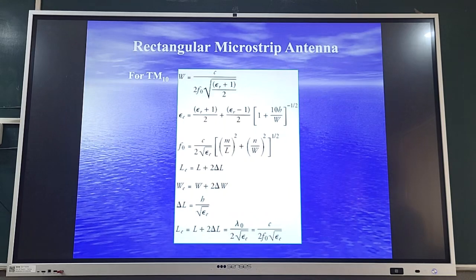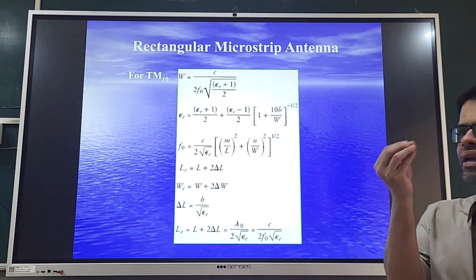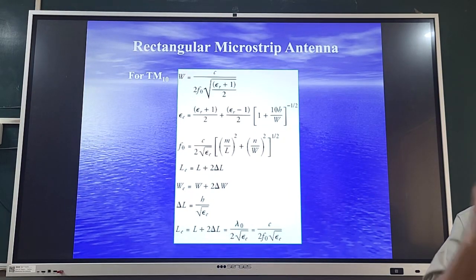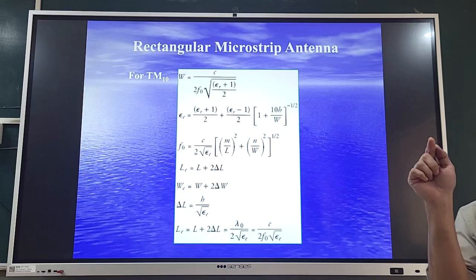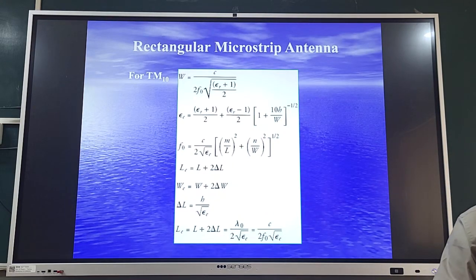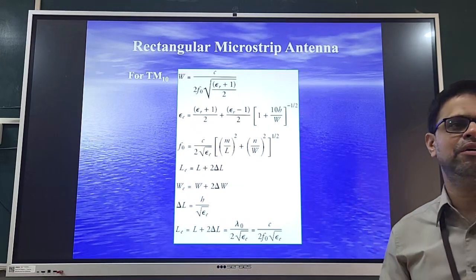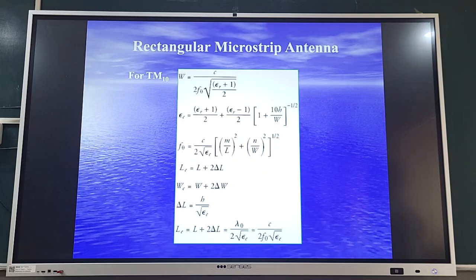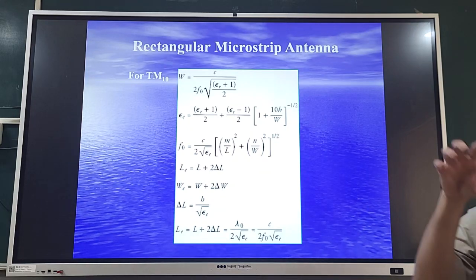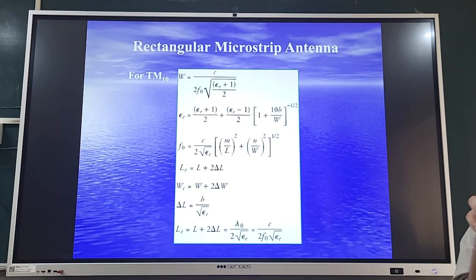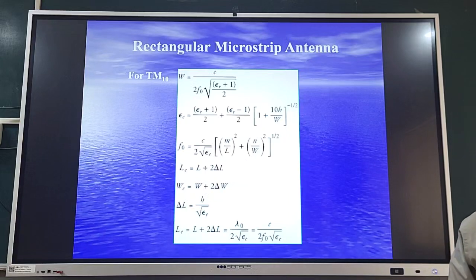okay, if you go by that aperture area concept, which you will learn in antenna fundamentals, antenna gain is 4 pi Ae by lambda square. Ae is the effective aperture area of the antenna. Lambda is the operating wavelength. Now Ae is correlated with the physical dimension of the antenna or physical area. What is that?